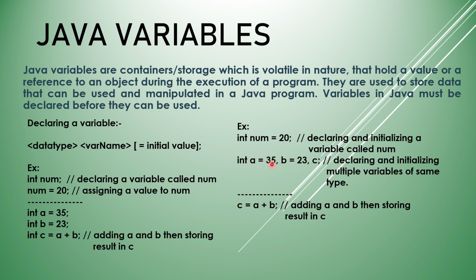So we are declaring three variables here of type integer. a and b are initialized with some values, like a has been initialized by 35, b has been initialized by 23, and c is only declared here. Now we are getting the sum of a and b into c, and finally we can get the sum from c, and we can use this value further in our program.